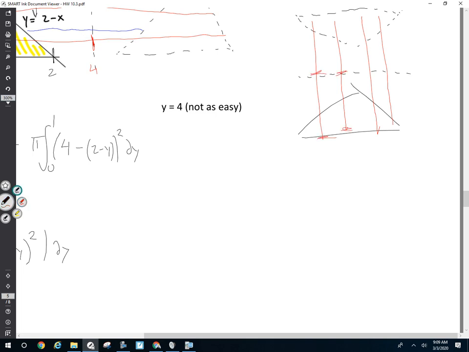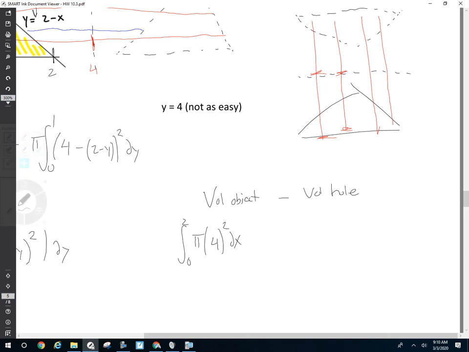Okay, so that's easy. So I got the volume of my object. My entire object is going to be pi, I got to go from left to right, so 0 to 2, of my r's, which are 4 squared dx. But now I have to subtract my volume of my hole.